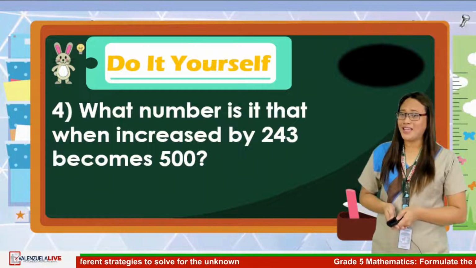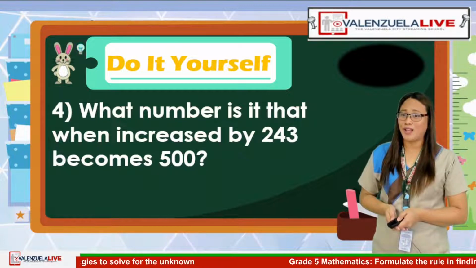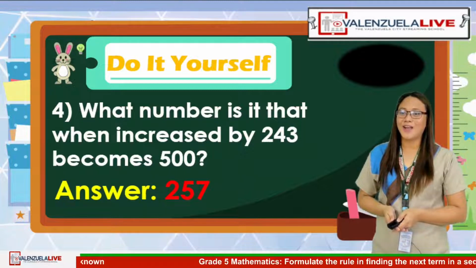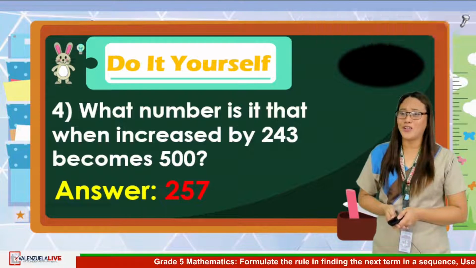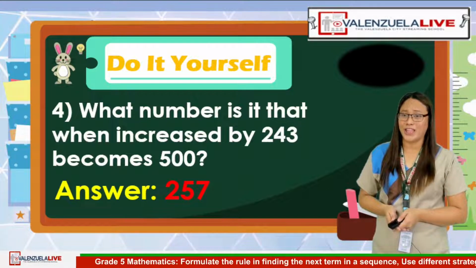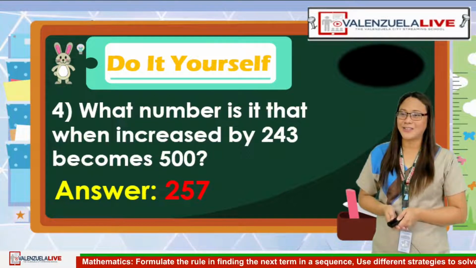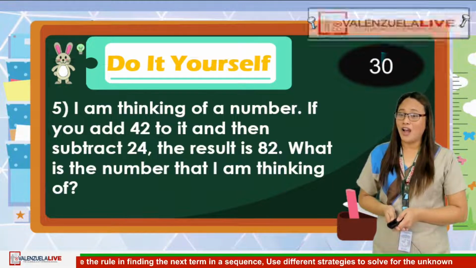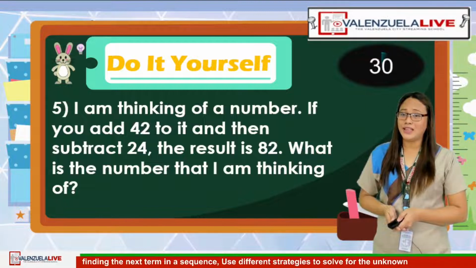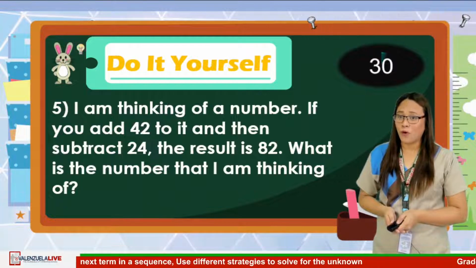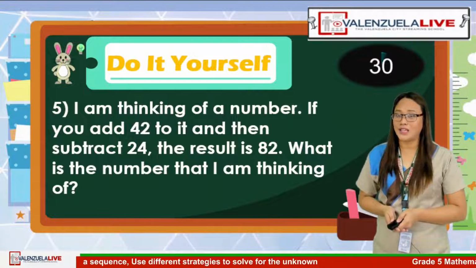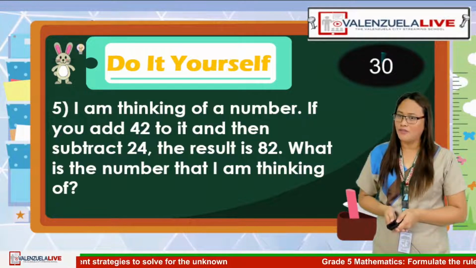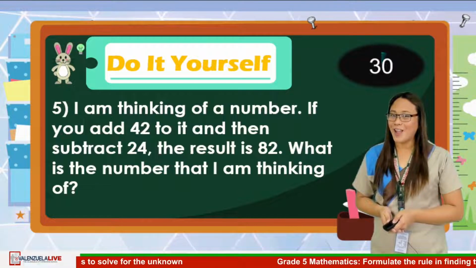So what number is it that when increased by 243 becomes 500? Very good. That is 257. All you need to do is just subtract 500 minus 243. Okay, for our last number. I am thinking of a number. If you add 42 to it and then subtract 24, the result is 82. What is the number that I am thinking of? All right, 30 seconds.